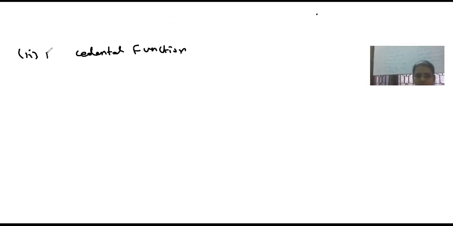This is a mathematical function which is not algebraic.